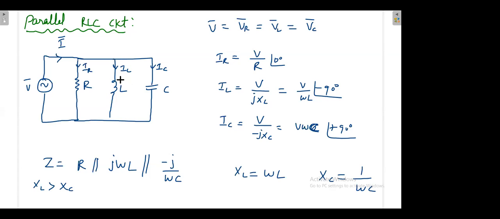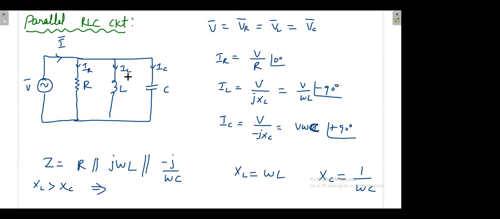Please forget about plus J and minus J and concentrate on the magnitude. XL is like some impedance, XC is like some impedance, and each has its formula. Now if the XL impedance is greater than the XC impedance, that is, XL is greater and XC is smaller, then which current will be greater, IC or IL? Anybody?